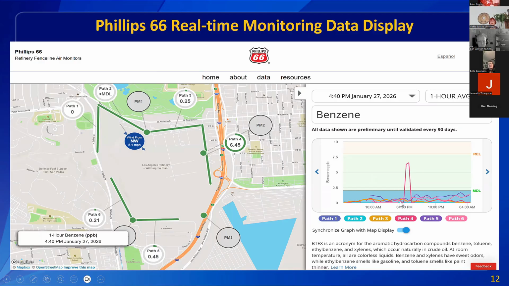And they could note that between 4 and 5 p.m., right here on the eastern side of the facility, some accidental release of uncontrolled fugitive emissions passed through that fence line, raising the benzene concentrations to 6.45. And if you notice here on this graph, if they had been just a little bit higher and exceeded the acute exposure level here, that would have generated real-time alerts.